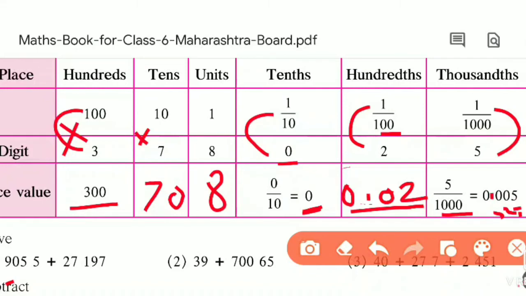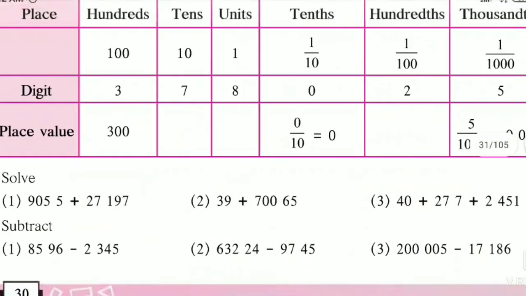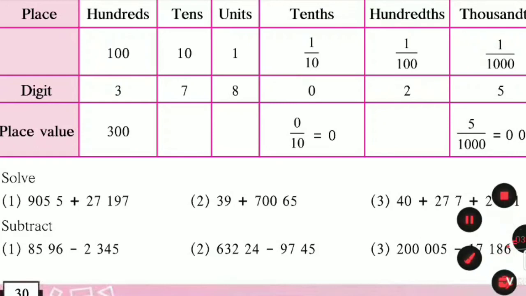Now we will see the next point, that is the addition of decimal fractions and subtraction of decimal fractions. Okay, so now here you will see the addition of numbers.